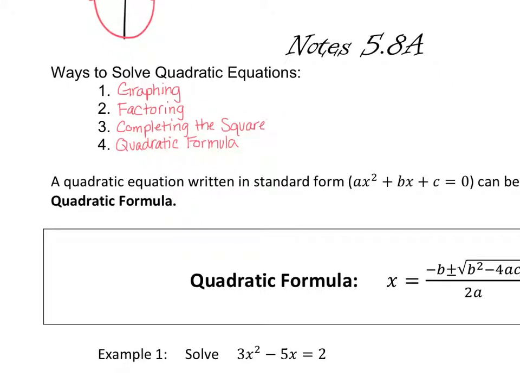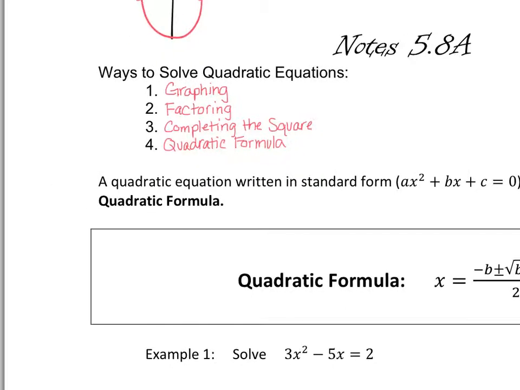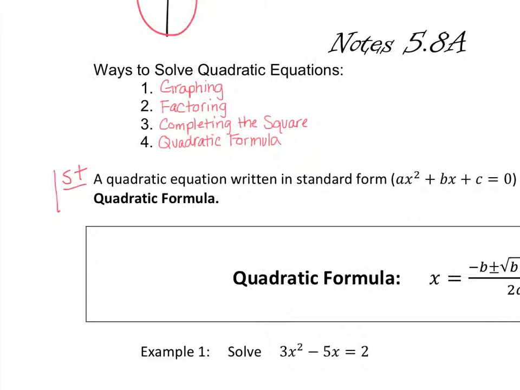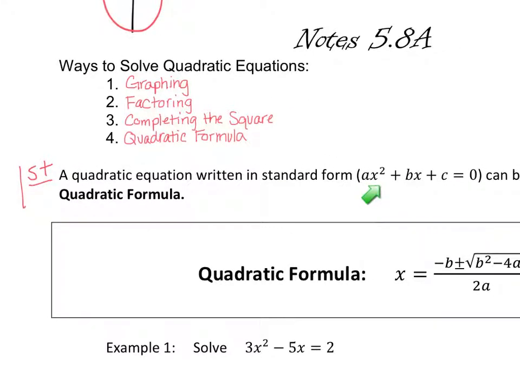So quadratic formula, the first thing you need to do is make sure it's in standard form. Standard form just means that everything's on one side and 0 is on the other side. One nice thing about this is, unlike completing the square, you can leave the a how it is. In completing the square, we had to divide the a out, so the a equaled 1.